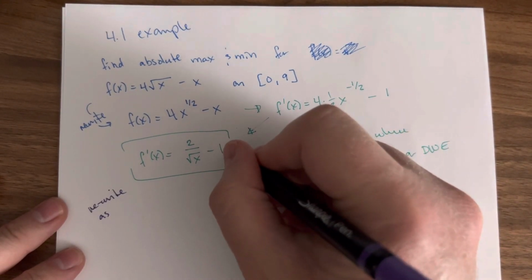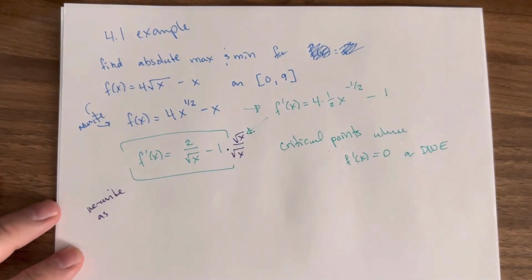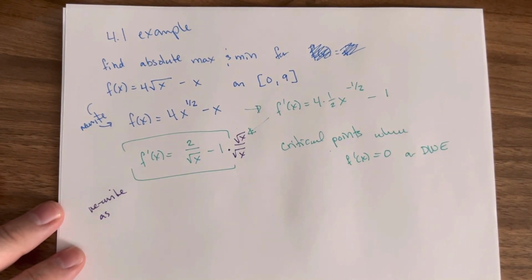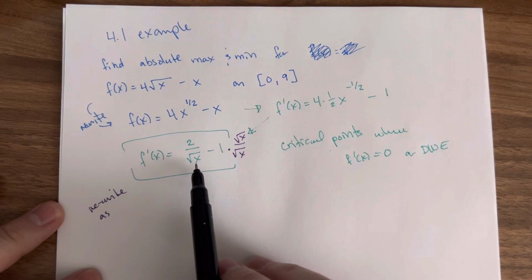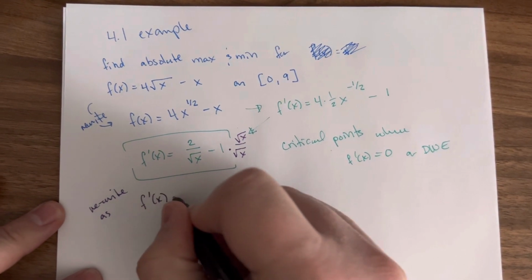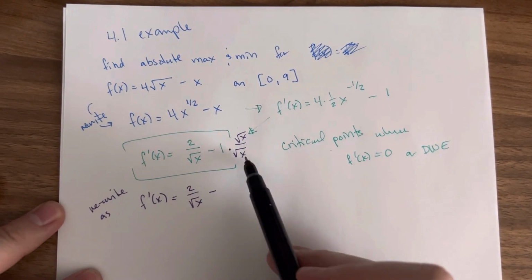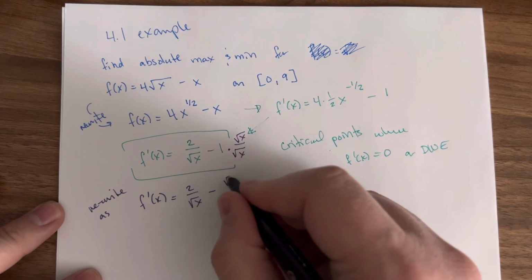If I want to rewrite this as one big fraction, I'm going to get common denominators. I'd like to rewrite it so that they're both over the root of x. So f prime becomes 2 over the root x minus root x times root x over here times 1.